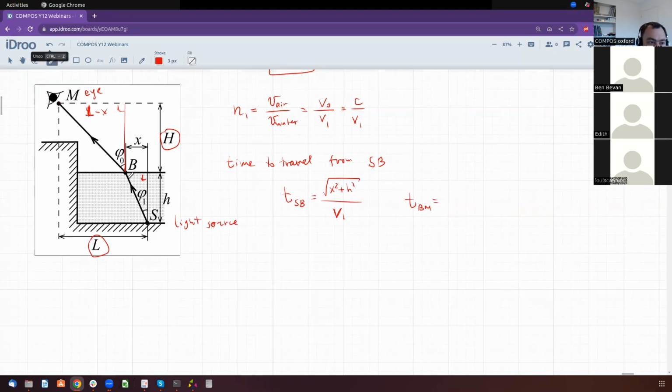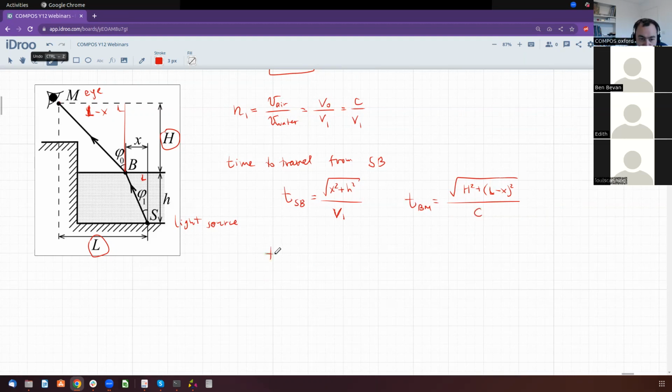The time to travel from B to M is going to be the square root of h squared plus L minus X squared over C. Okay.